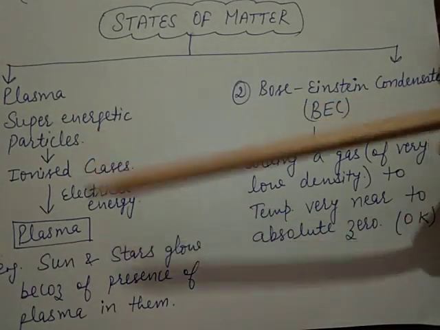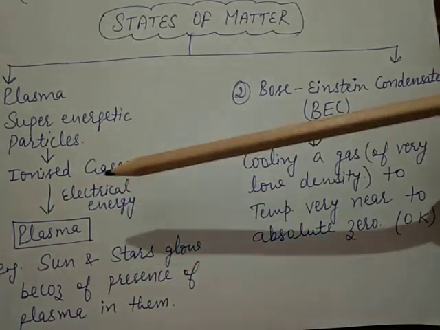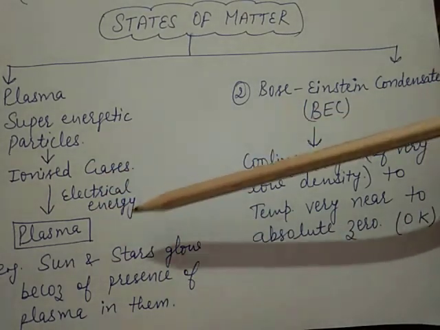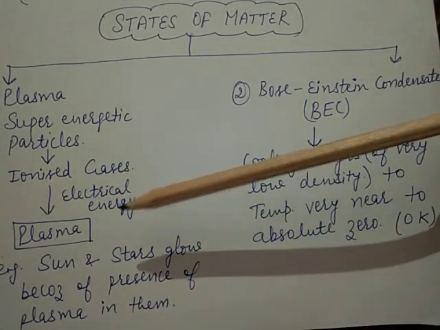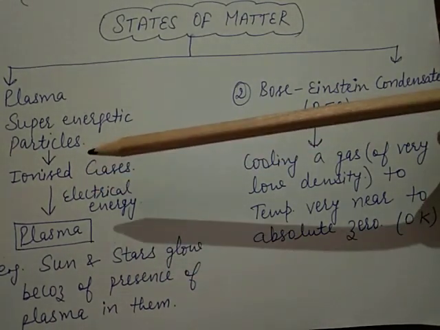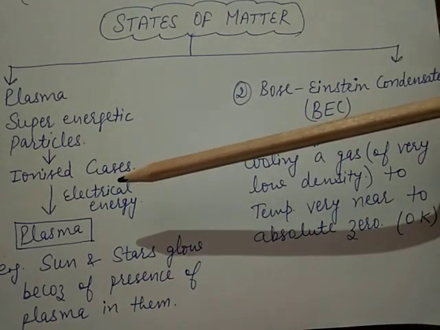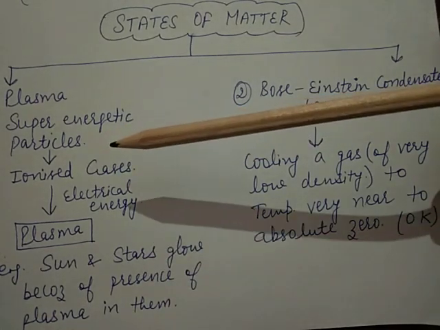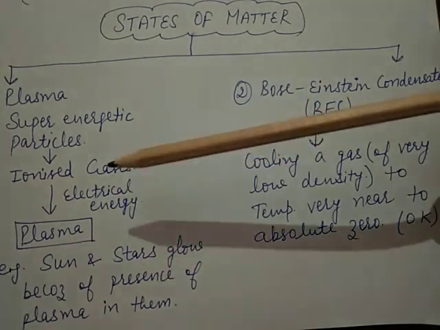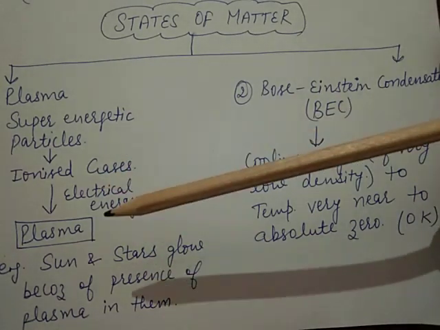How does the formation of plasma take place? The gases get ionized when electrical energy flows through them. So this charging up creates a plasma glowing inside the bulb or a tube, etc. The plasma glows with a special color depending on the nature of the gas.